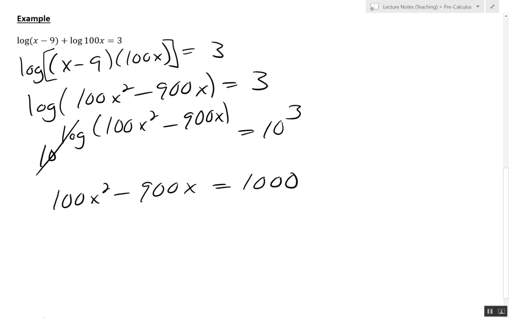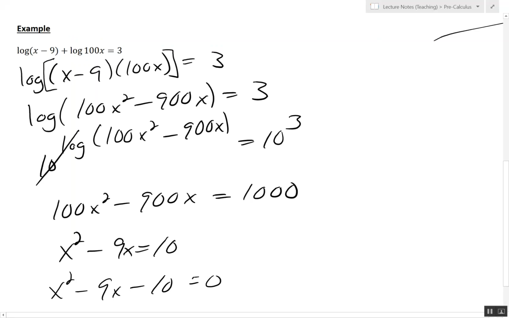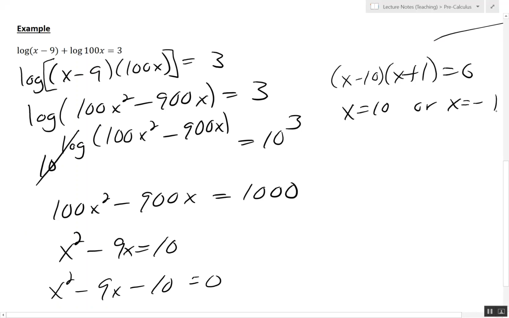We can divide everything by 100 and get x squared minus 9x equals 10, so we get x squared minus 9x minus 10 equals 0. We need two numbers that multiply to negative 10 and add to negative 9, which are negative 10 and positive 1. So we'll have (x minus 10)(x plus 1) equals 0, so we get x equals 10 or x equals negative 1.